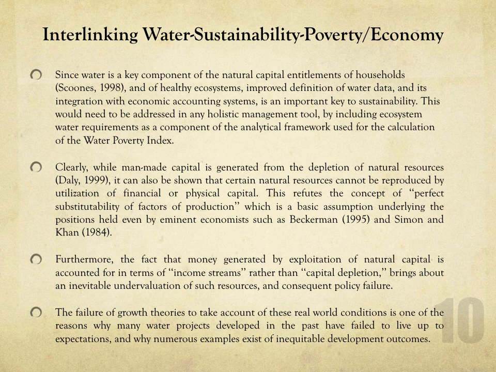It should be a component of the analytical framework which would be used for the calculation of the water poverty index. So water accounting should be integrated into the economic accounting systems, and water accounting should also have a component of ecosystem water. So both angles she is talking about, which is explained in this first bullet of this slide.